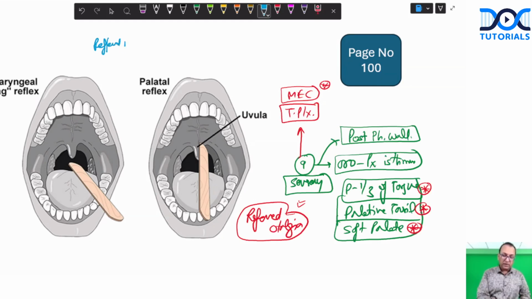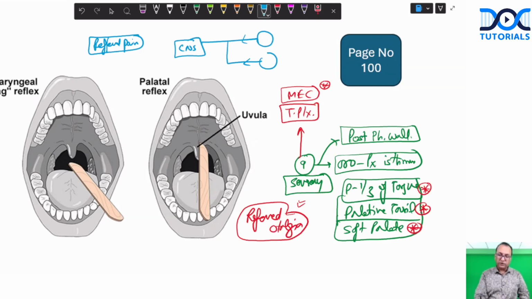Referred pain you can learn this way: if this is the central nervous system and a nerve is supplying two regions, carrying sensation from two regions, there is a convergence of the sensation, and this is the convergence theory of referred pain. Maybe it is the ear or maybe the oropharyngeal isthmus.